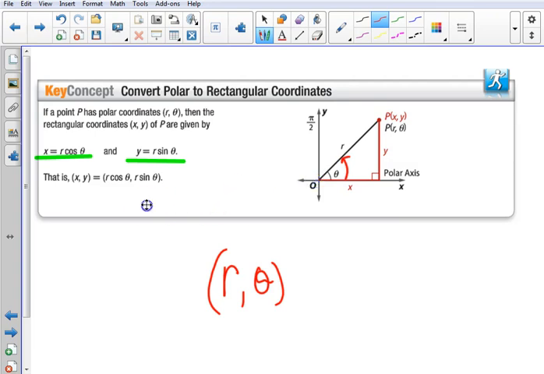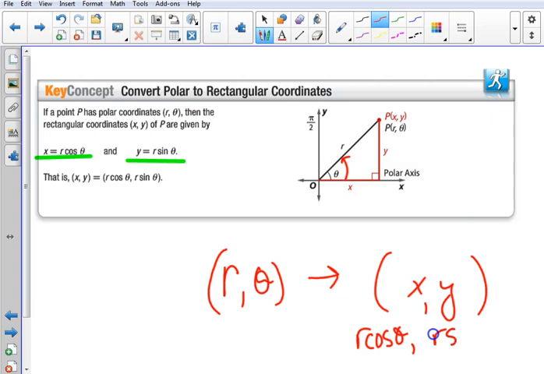It's exactly like vectors, okay? To get back from polar into xy, we're going to do r cosine of theta to get the x and r sine of theta to get the y. It's the same as we've been doing with vectors, okay?